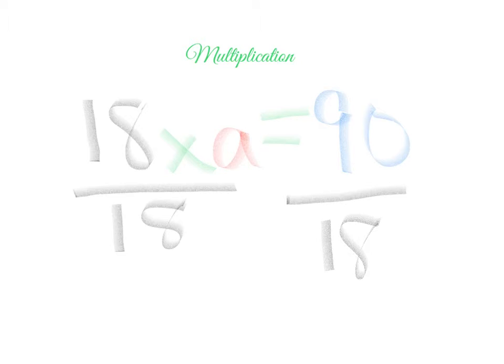So you would get A equals, and if you remember correctly from earlier this year, going back to your times tables, if you multiply 18 times 5, you would get 90.